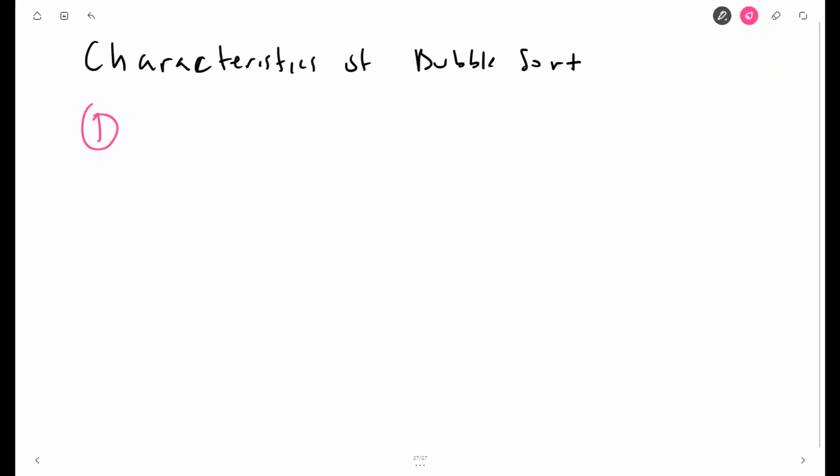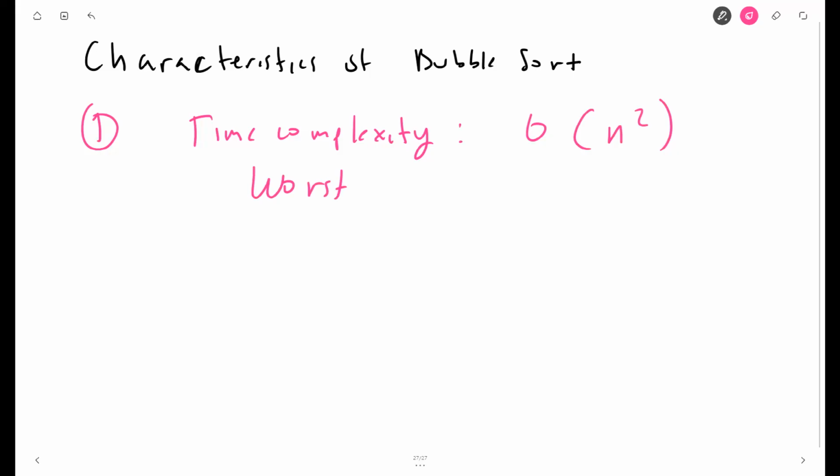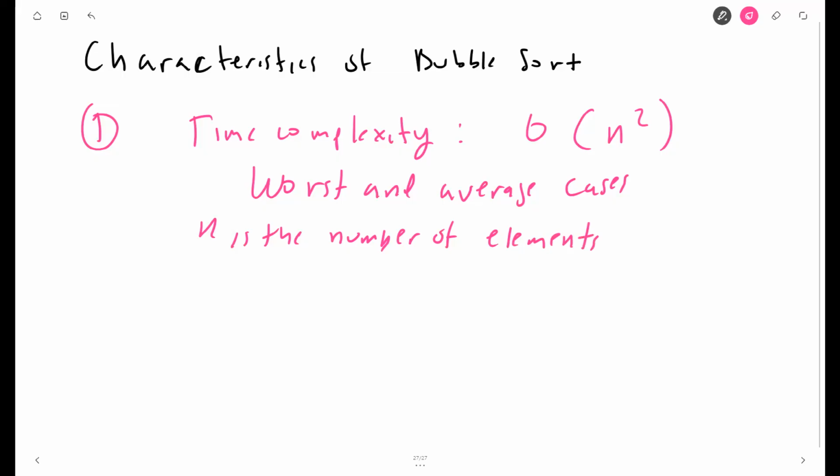Number one, time complexity: it's O(n squared) for the worst and average cases, where n is the number of elements. So this is not good for large datasets.